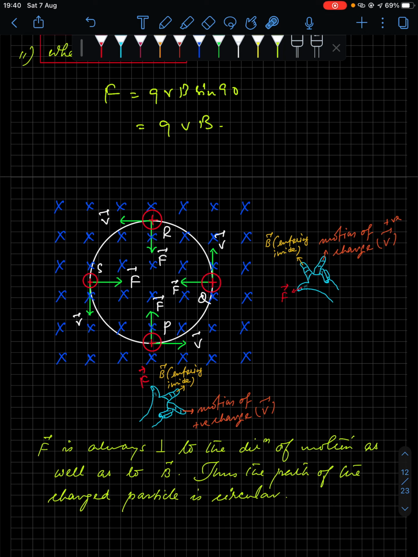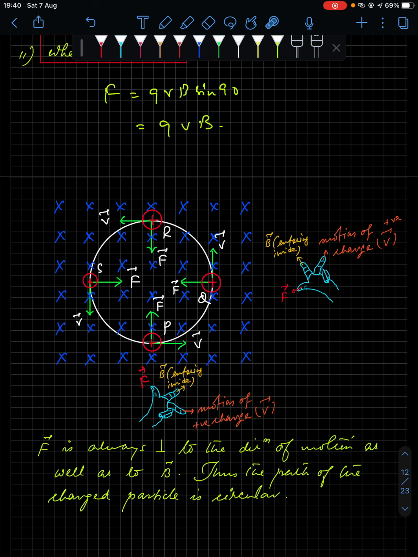Now you fire a positive charged particle. It is fired vertically upward on the plane of this screen, so the charged particle is going along this way, and the magnetic field is perpendicularly inside the page. Now you apply Fleming's left-hand rule.